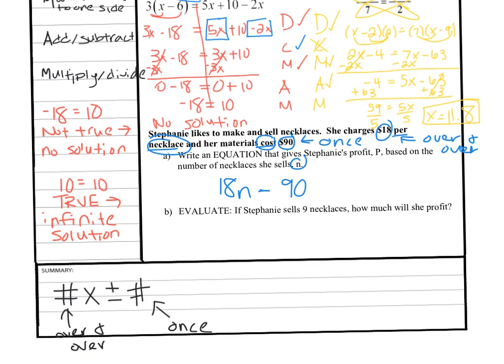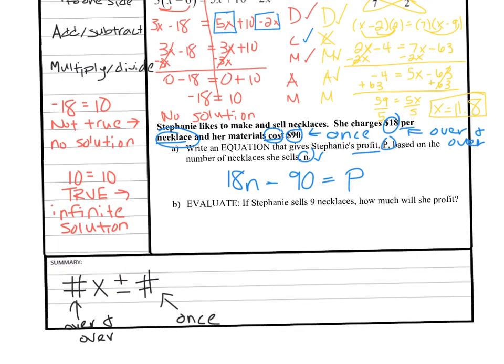And then I've used my N, but I also need to use P now for profit. So all of this, if I get $18 per necklace and I subtract my material cost of $90, that would result in my total profit that I would gain, or Stephanie would gain.